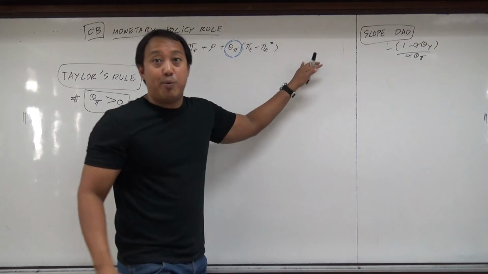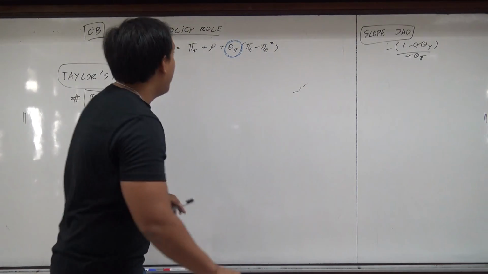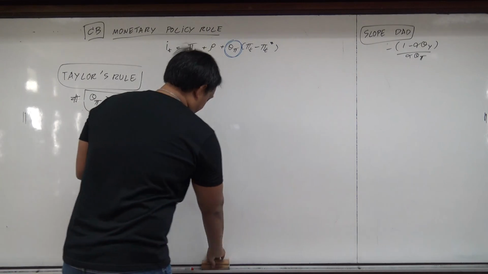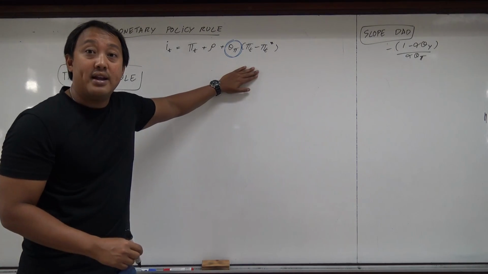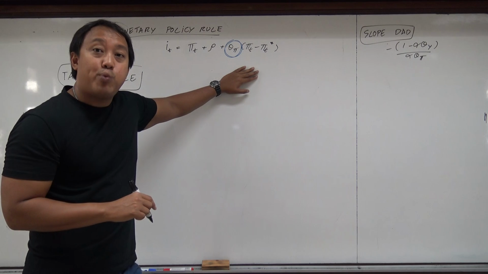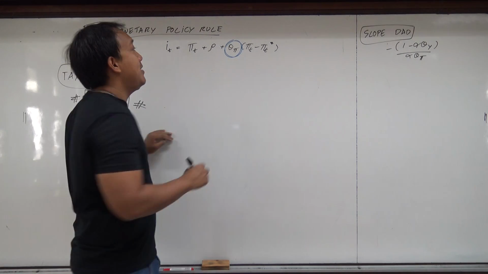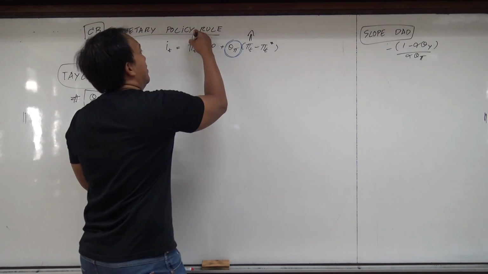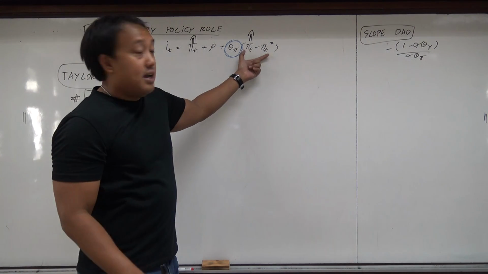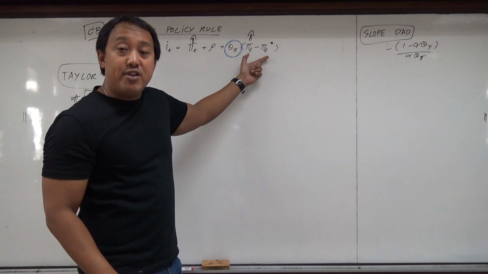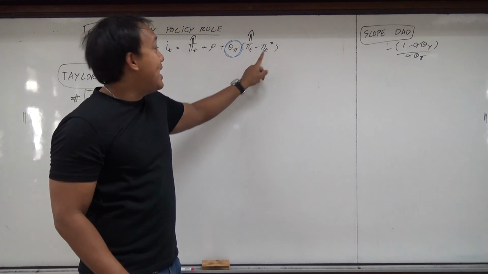Assume that we don't have any problem about this. And then look at this one. If we have an inflation problem, it means inflation goes up higher than target.